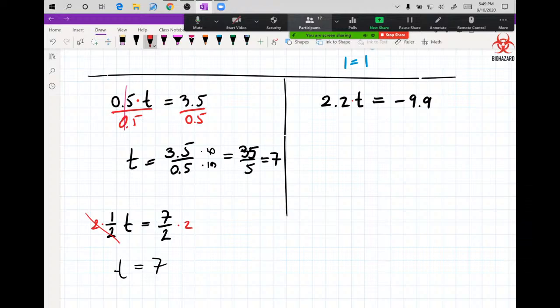I mean, to solve the problem. Excellent. Divide both sides by 2.2.